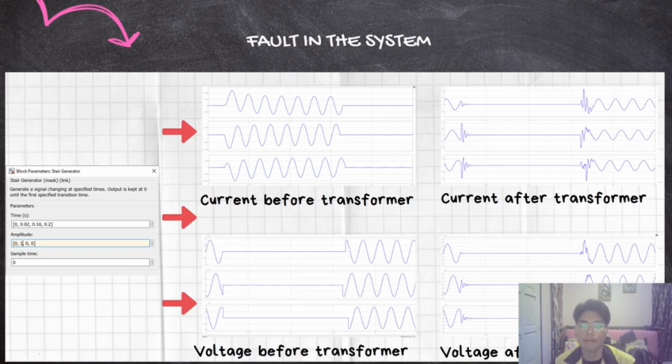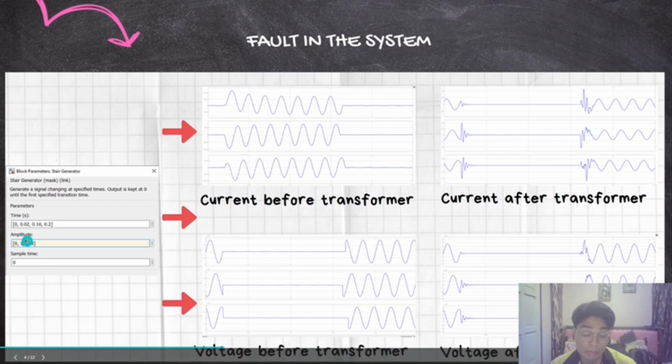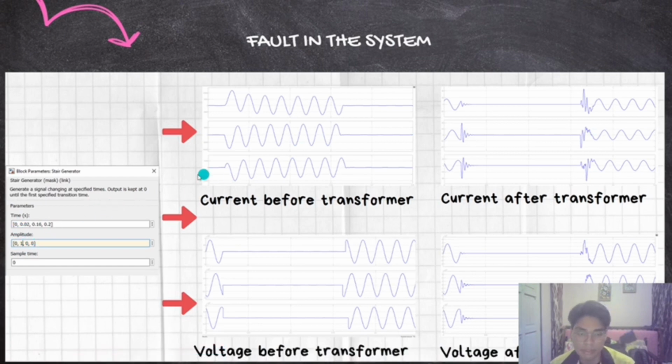So, adding a fault in the system. This is the fault that has been added at the time of 0.02 second. It can be seen for the current and voltage before the transformer, where it will stop working for the period where the fault occurs.